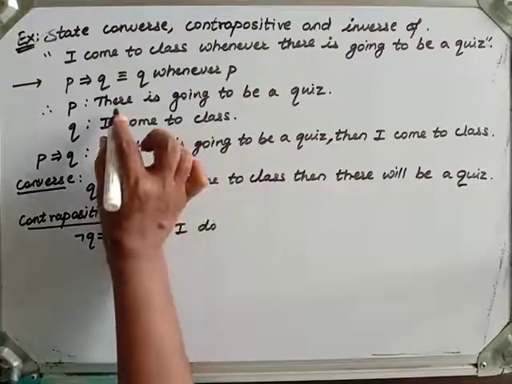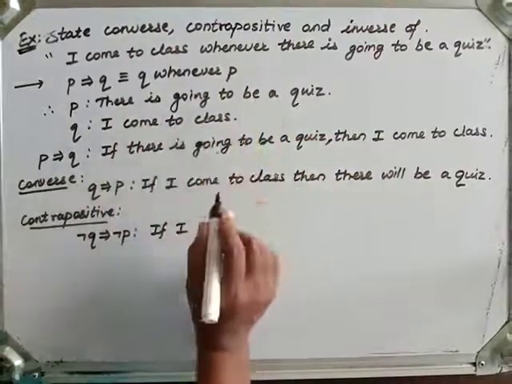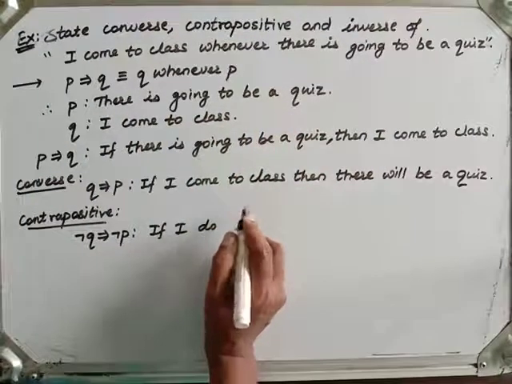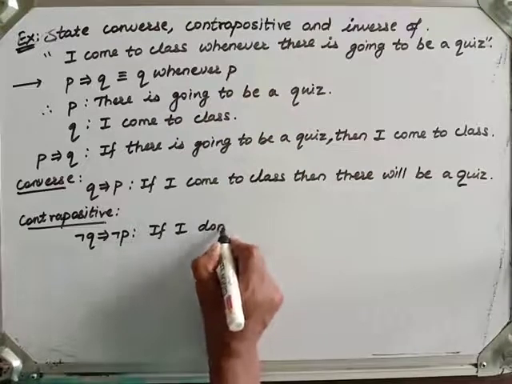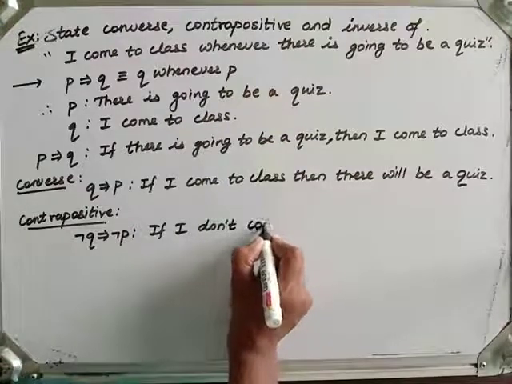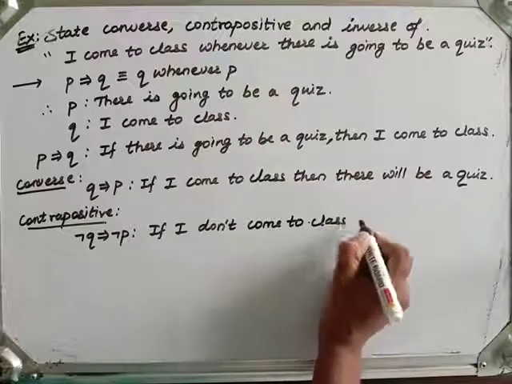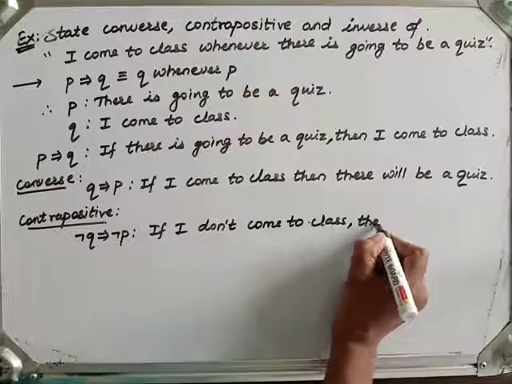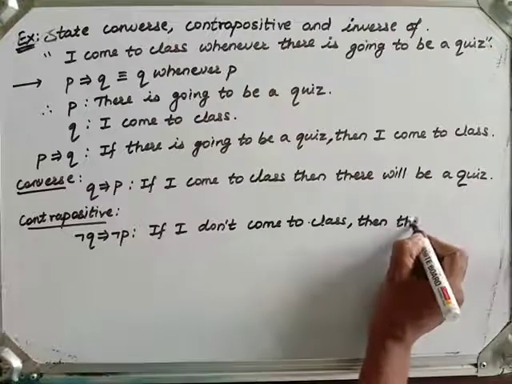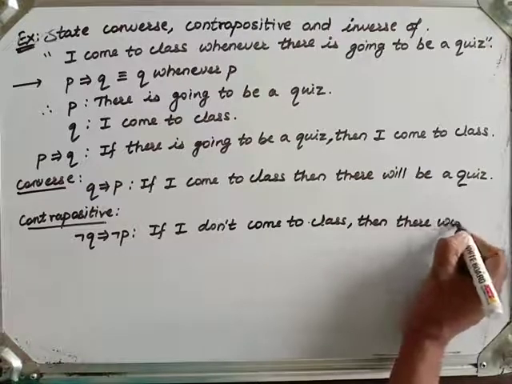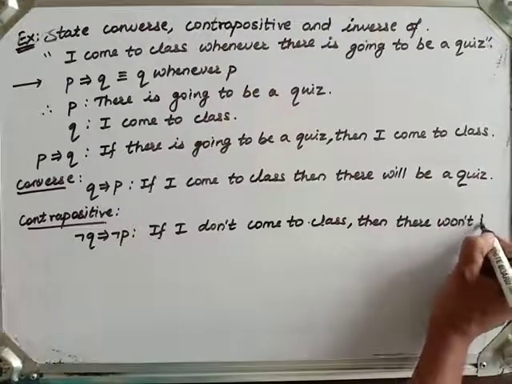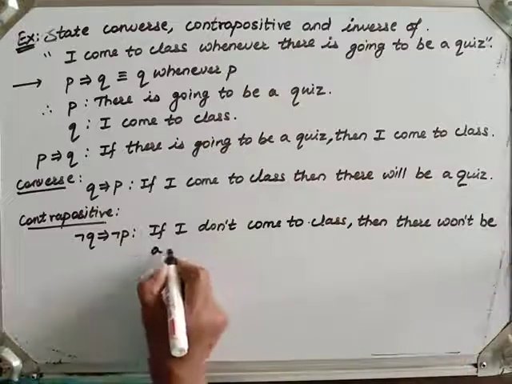Negation P, then there is no quiz or there won't be a quiz. If I don't come to class, then there won't be a quiz.